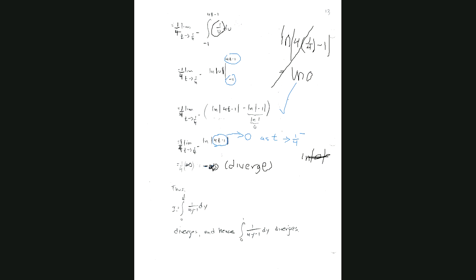And so this is an example of a divergent limit. And so for this problem, we don't even bother now with the I2 integral. We don't even bother. So therefore, this integral diverges. The I sub 1 diverges, and hence the entire integral diverges.